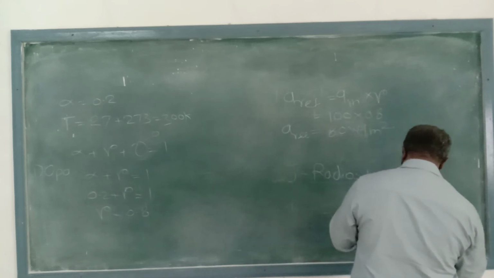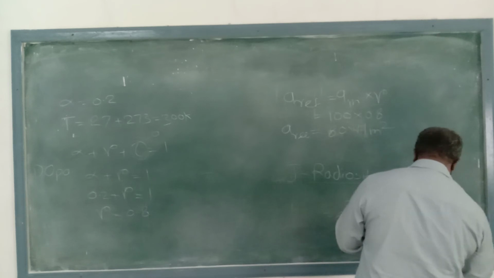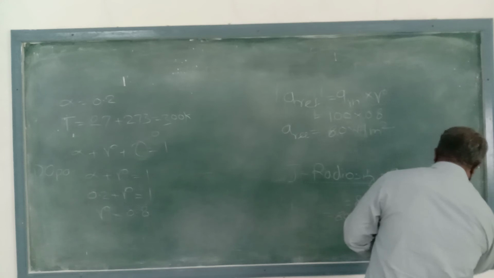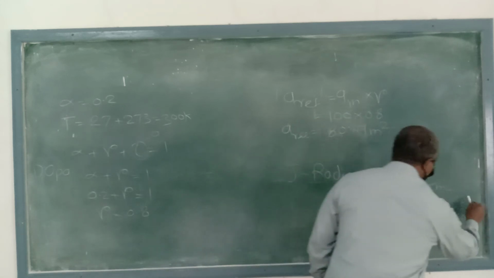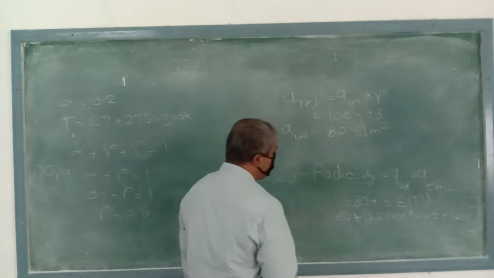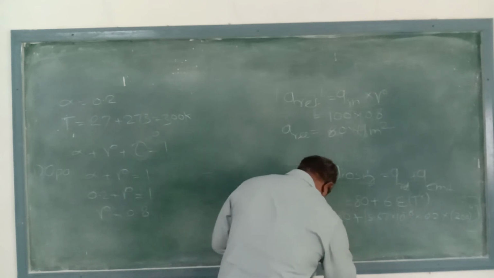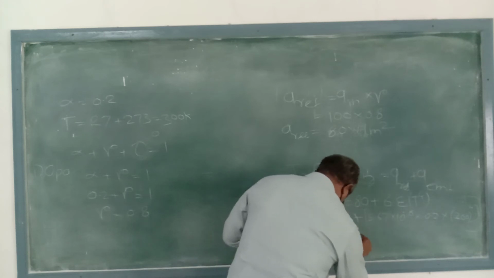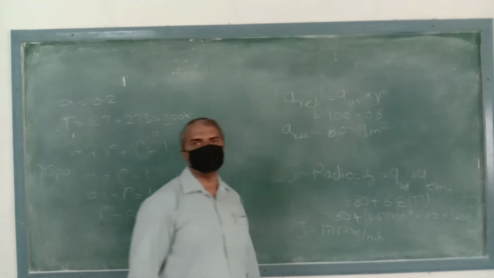They have mentioned emissivity, they have given 0.2, and we have converted temperature into the Kelvin format. So we are getting all the values. After solving this, radiosity J becomes 171.85 watt per meter square.